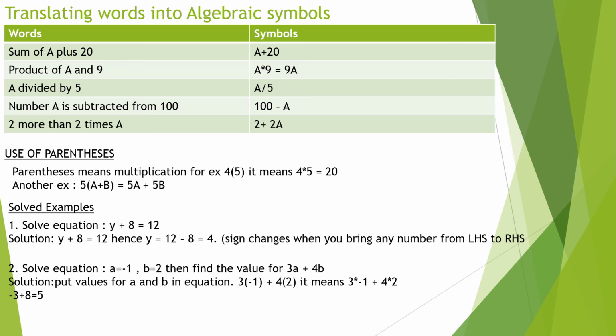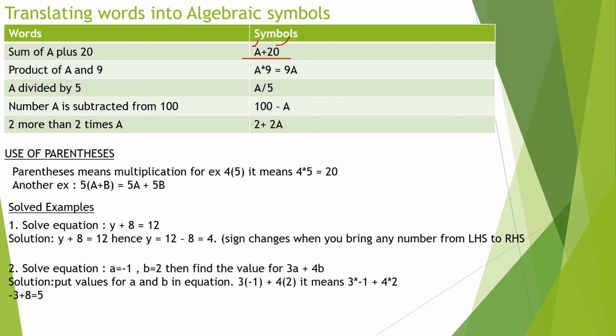Now let's see how we can translate words into algebraic symbols or equations. Let's say, sum of A plus 20. A is our variable and 20 is our constant. Sum means addition, so the equation is A plus 20, variable plus constant.